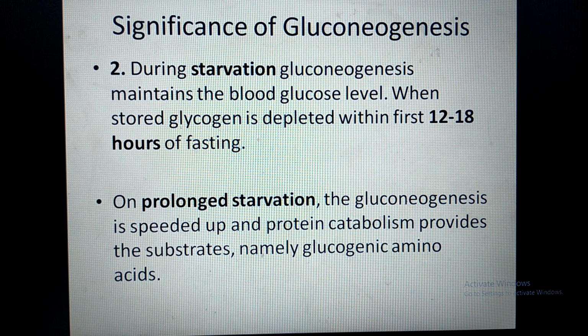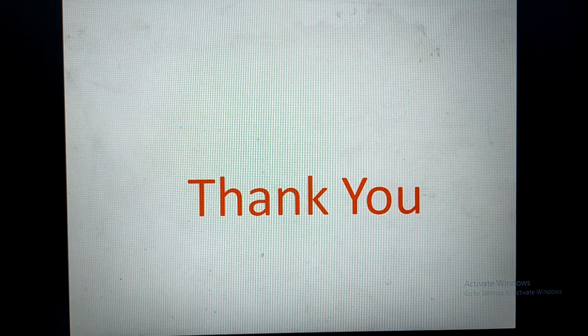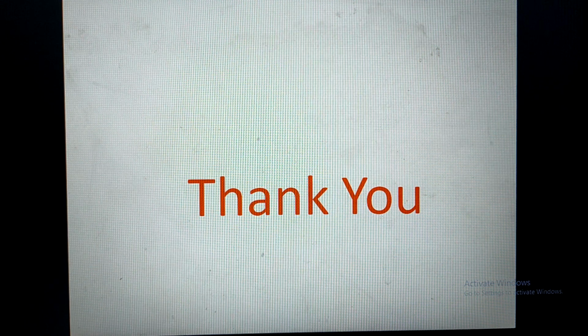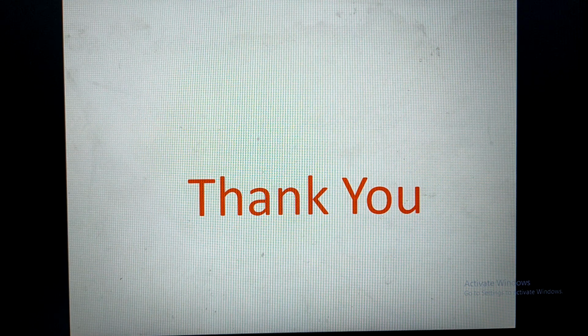On prolonged starvation, gluconeogenesis speeds up, and it utilizes amino acids obtained from protein catabolism as a substrate to form glucose. So this is about the gluconeogenesis pathway, its regulation, clinical disorders and significance. Thank you very much.